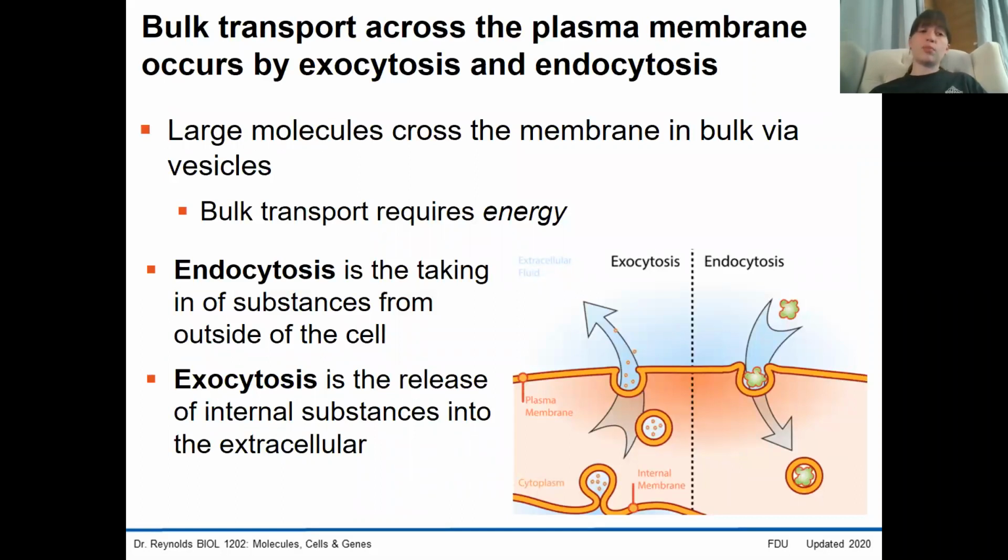They can be transported out of the cell, so this is known as exocytosis, transporting things out of the cell, or endocytosis, endo meaning internal, because we're taking substances from the outside of the cell and bringing them internal. So exocytosis and endocytosis both rely on transport across the membrane through the use of energy.